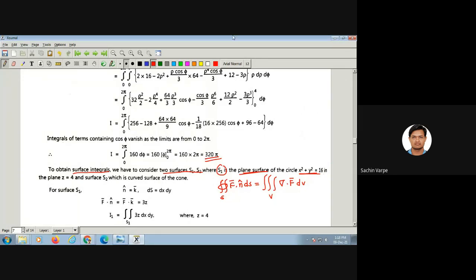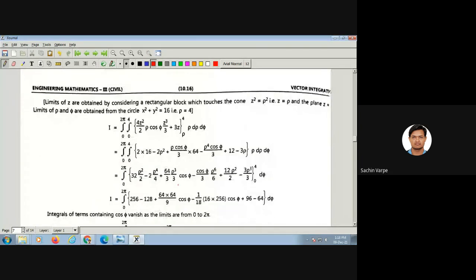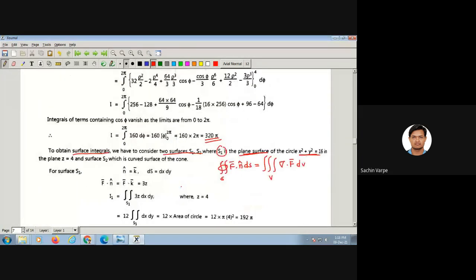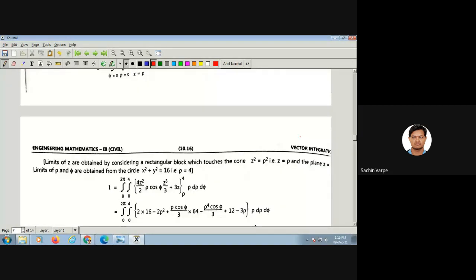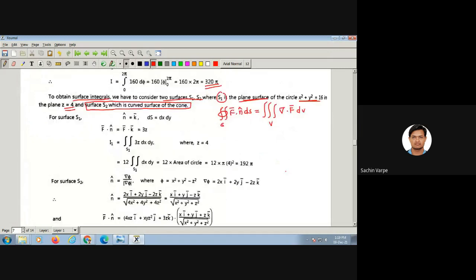At z equal to 4, we get x square plus y square equal to 16, with radius 4, and the plane z equal to 4. And the surface S2 is the curved surface of the cone. You can see the diagram over here. Curved surface of the cone. These are the only two surfaces.